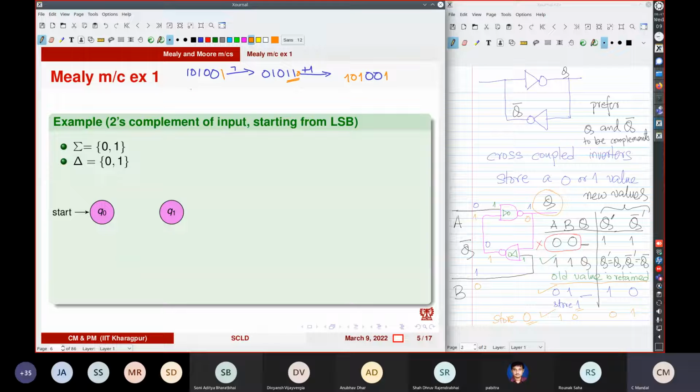Suppose you have, say, 1 0 1 1 1. Let us see what happens here. So this is 0 1 0 0 0, and then you add 1.